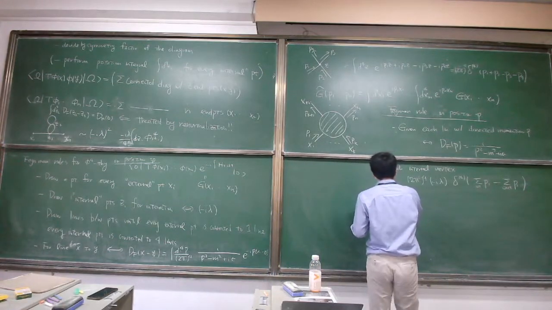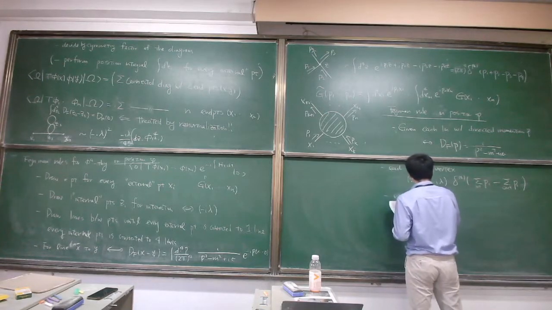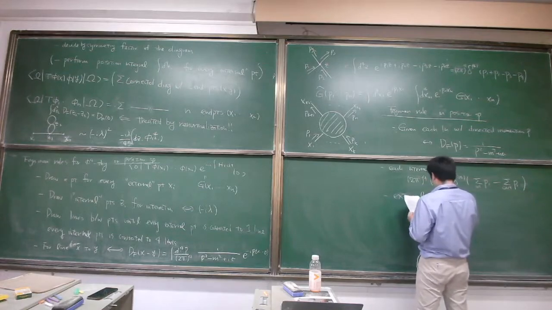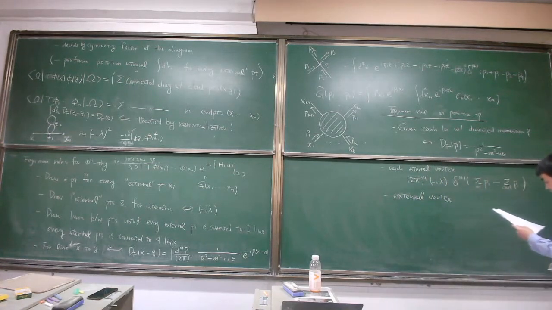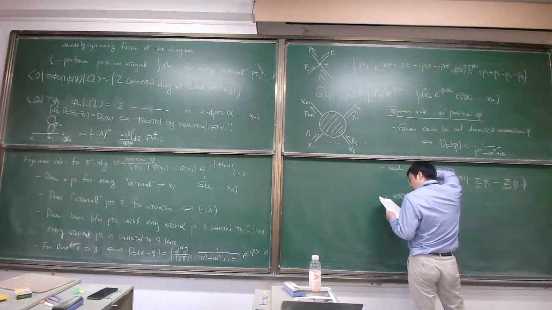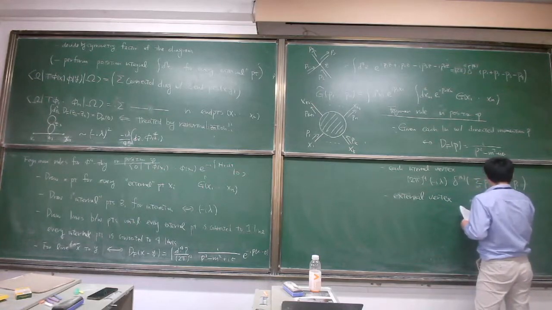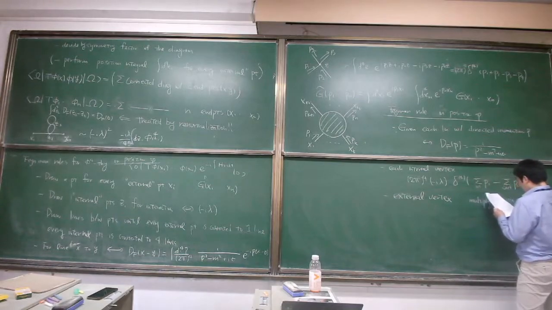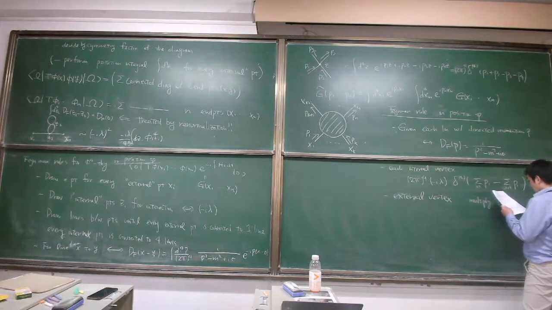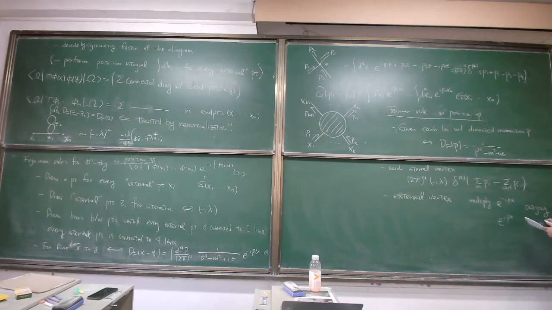For each external vertex, you assign the following: multiply e to the minus ipx for outgoing, I think it's outgoing, and e to the ipx for incoming.